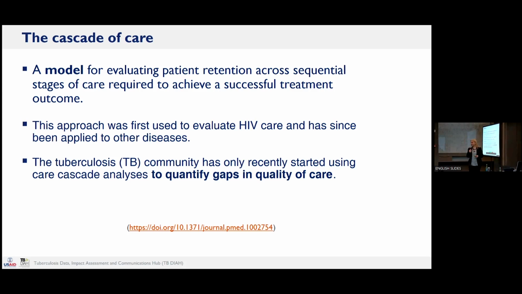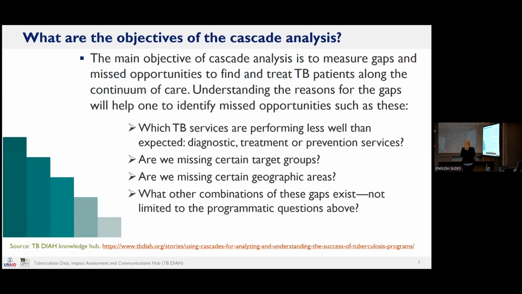So in the format of the cascade, we showed the gaps existing in the European region from the point of view of coverage, testing of the first and the second line, and the new medication.